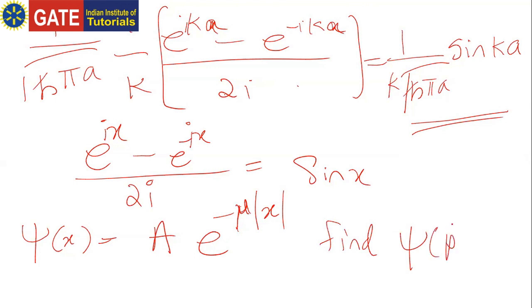Find psi of p. Find the normalization constant and substitute. Use our Fourier transform equation.